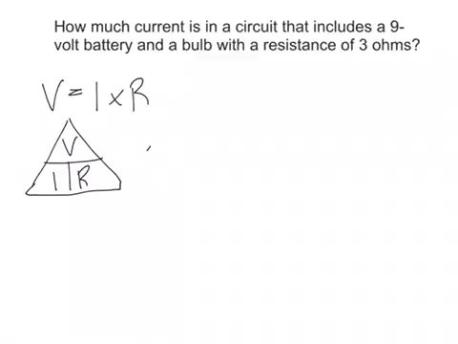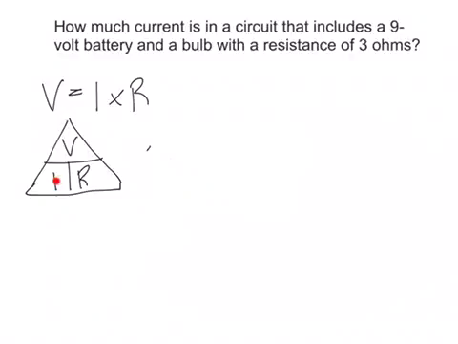Now, let's take a look at what we've got. Again, we've got a 9-volt battery, and we've got a bulb with a resistance of 3 ohms. If you read the question carefully, you can see that it even tells you what we're trying to solve for. It's asking for how much current, and I is current.